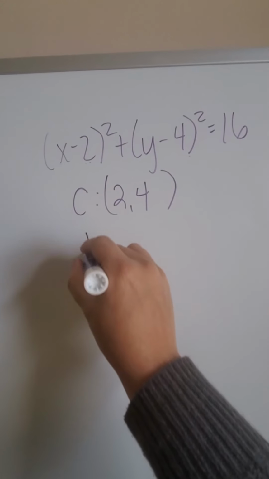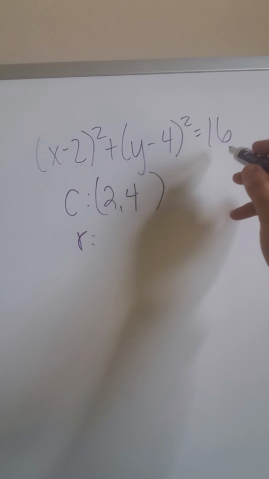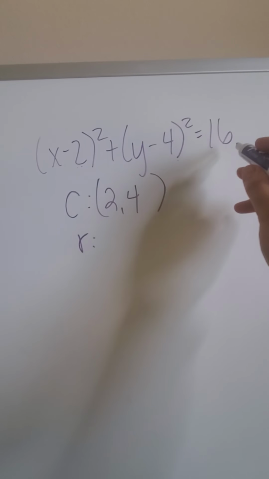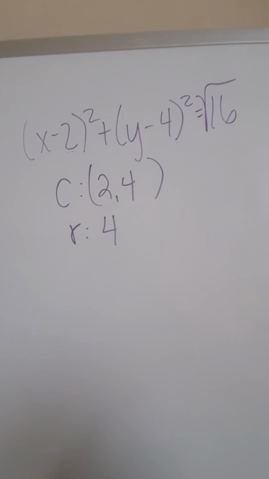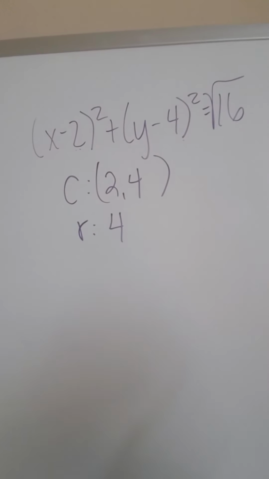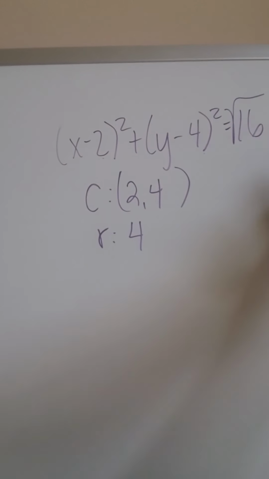And then my radius, I have to be careful. That's my radius squared. So the square root of 16 is 4, right? So I have to take the square root of that, okay? Does that make sense? Let's try one with the negative signs and maybe one that's not a perfect square, okay?